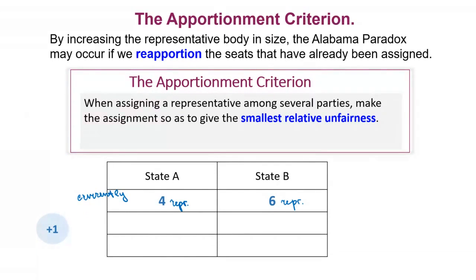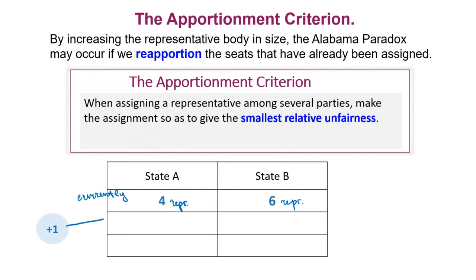We do not reapportion all representatives as the Hamilton method does. We fix these 4 and 6 representatives, and the question is, if we increase the representative body, who will get the next representative, this extra representative? Who deserves this additional one?